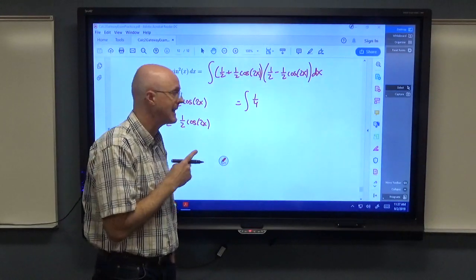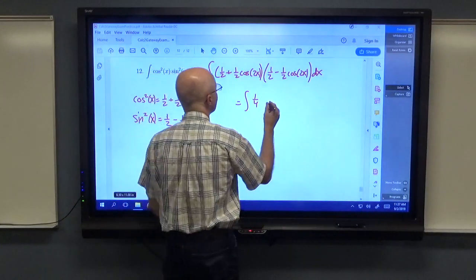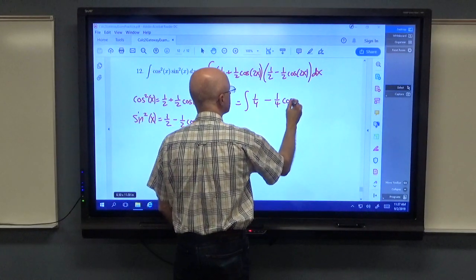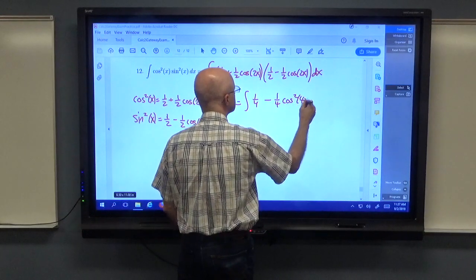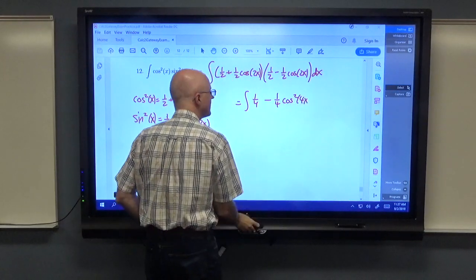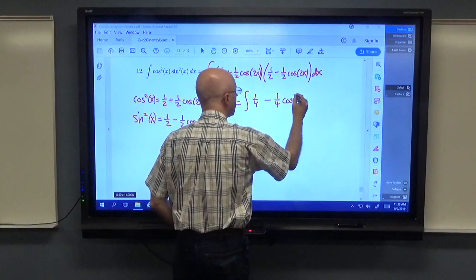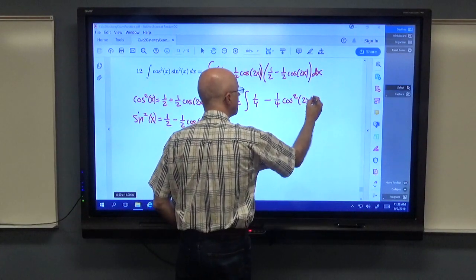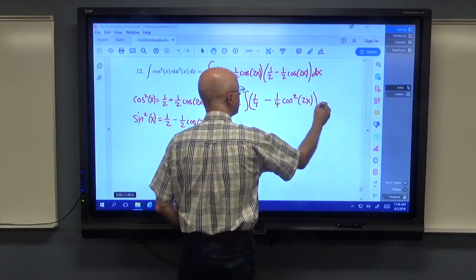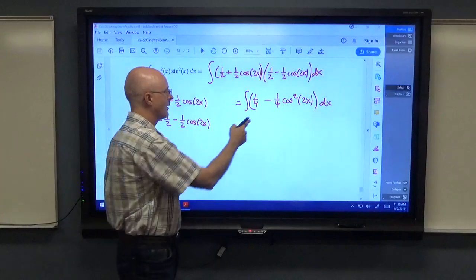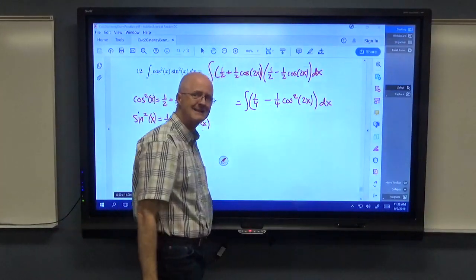Those will cancel in this case. Last times last is 1/4 cos squared 2x. Sorry, getting ahead of myself. 1/4 is easy to integrate, but what about 1/4 cos squared 2x?